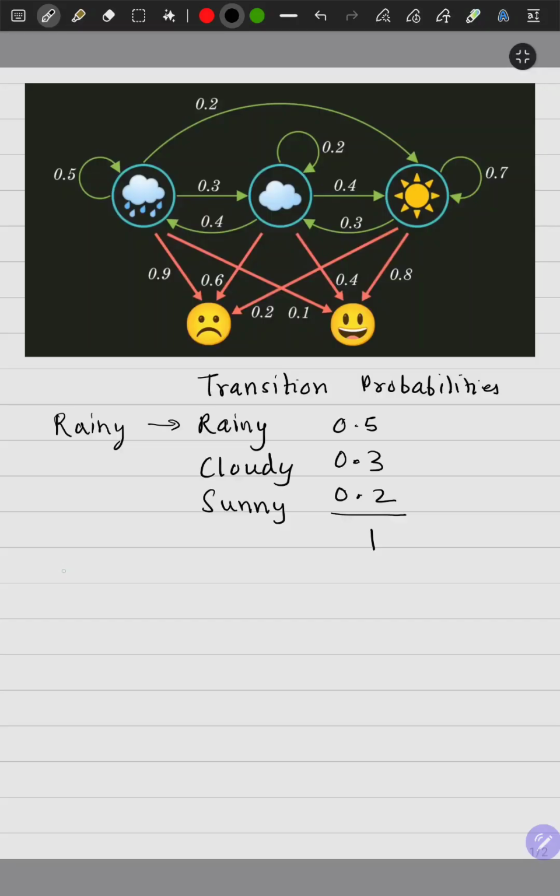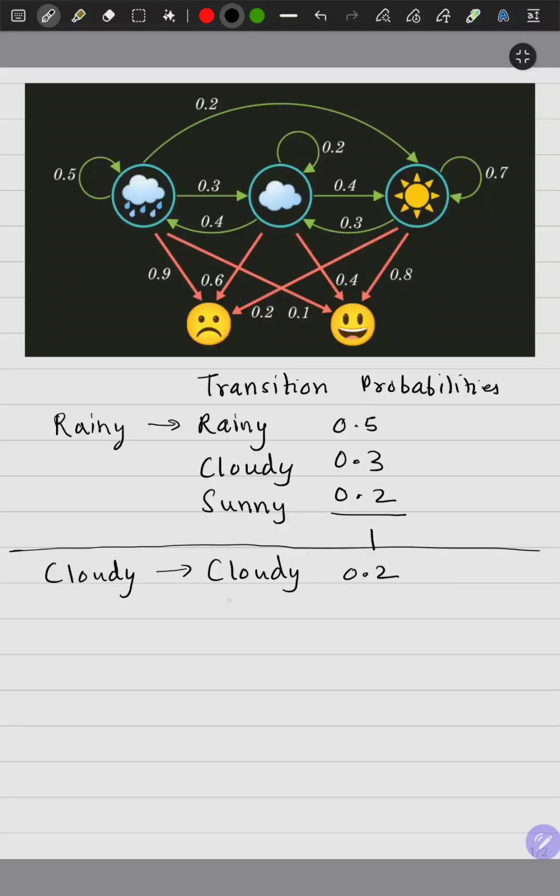Similarly, if you consider all the green arrows from cloudy, cloudy stays cloudy with 0.2 probability, cloudy becomes rainy with 0.4 probability, and cloudy becomes sunny with 0.4 probability. So their sum is 1.